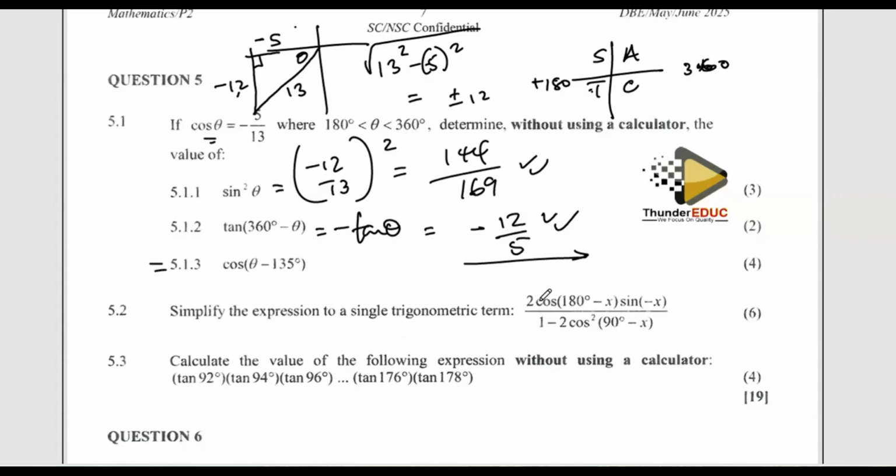And then the cos of theta minus 135. Let's expand this using the compound angles. So that's going to be cos theta cos 135 plus the sine of theta and then the sine of 135. So we know that 135 is in quadrant 2, which will be 180 minus a 45. Okay. So we're going to reduce that.